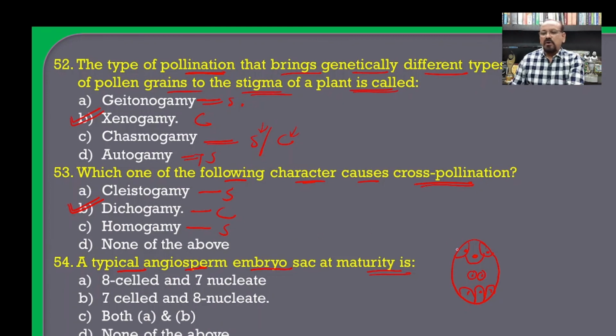So if we count the total number of cells, 1, 2, 3, 4, 5, 6 and 7, so 7 celled, and total nuclei 3 plus 2 plus 3, total 8, so 8 nucleated, and hence the 7 celled and 8 nucleate embryo sac is very common or typical in the angiosperm.